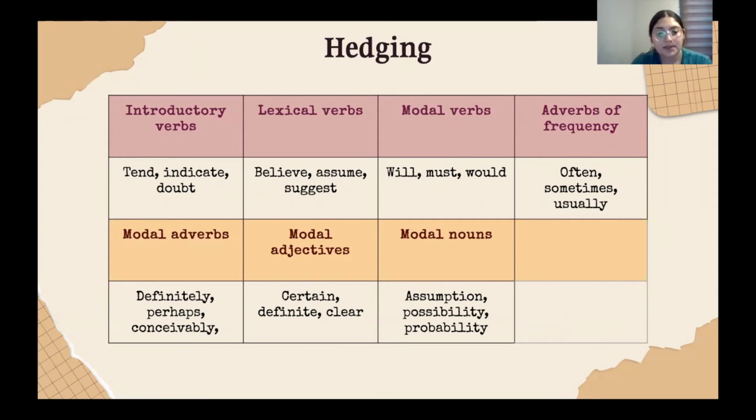A few of these can be used in phrases like, often people think that something might be true. Instead of saying all the time or this time specifically, we generalize, and then what we are saying cannot be applied to other cases.